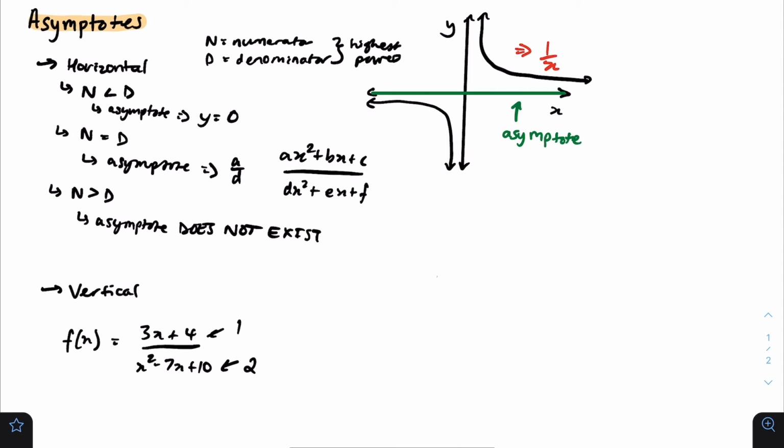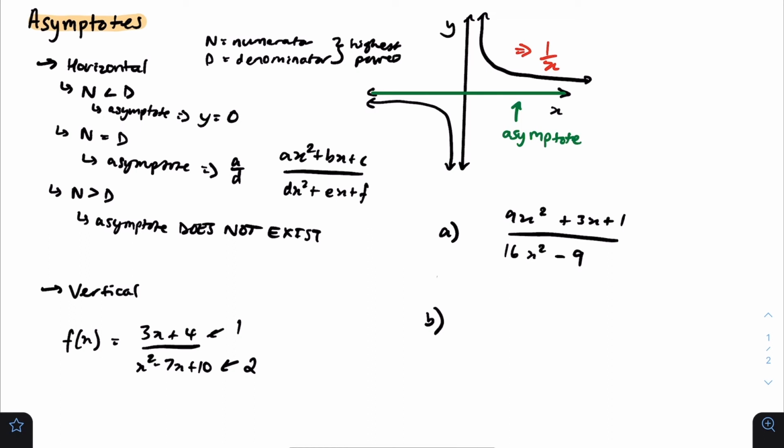Let's just go over a couple of examples. So I'm going to do 2 examples over here. Let's say our first one is 9x squared plus 3x plus 1 divided by 16x squared minus 9. So find the asymptotes for that.